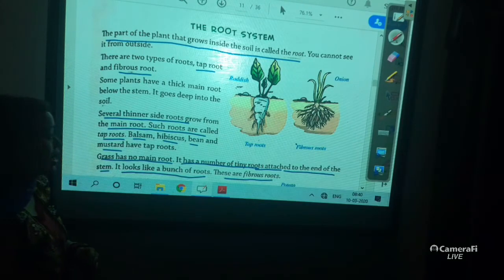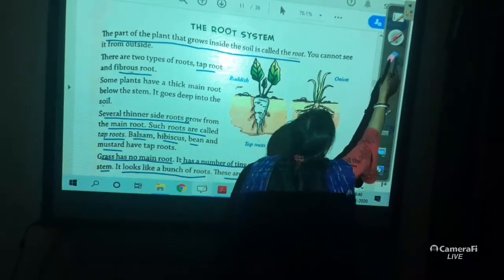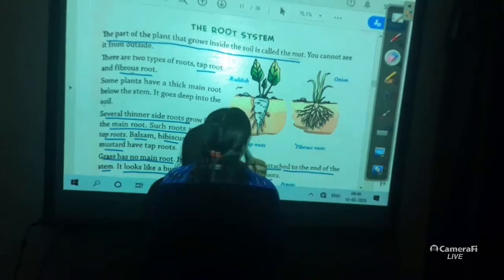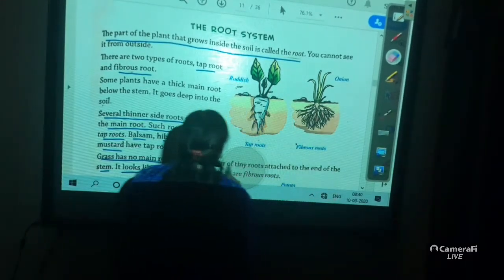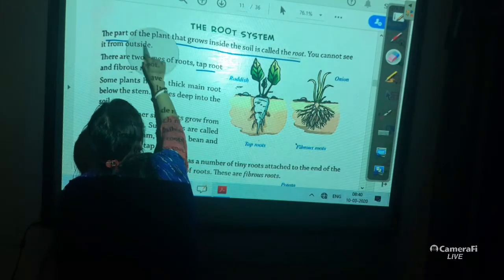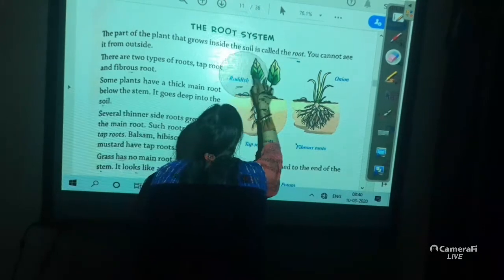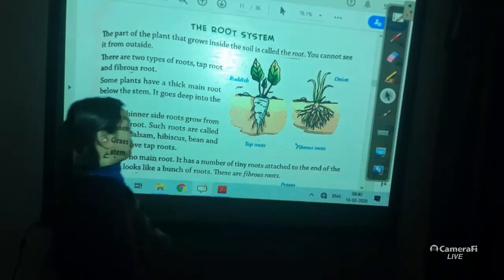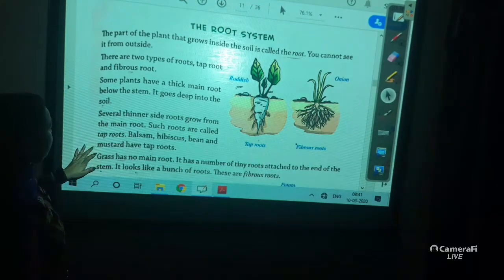So, students, I hope all of you understand the difference between the taproot and the fibrous root. So, we learn from here that roots are of two types. One is the taproot, another one is the fibrous root. So, what is the taproot?